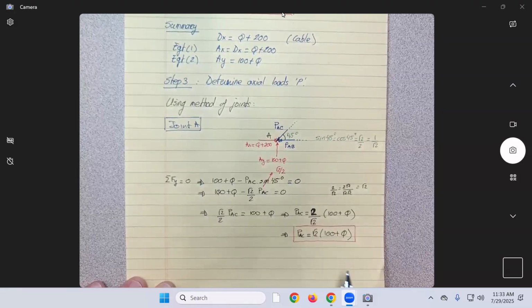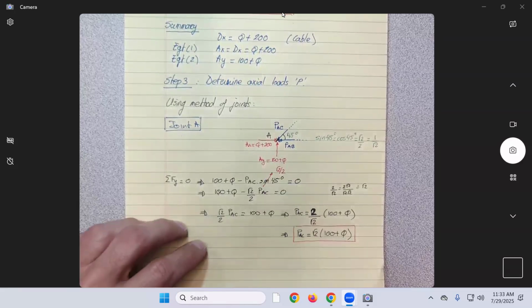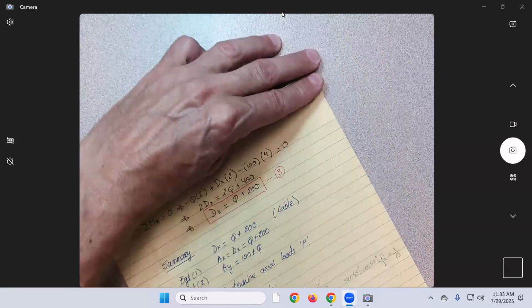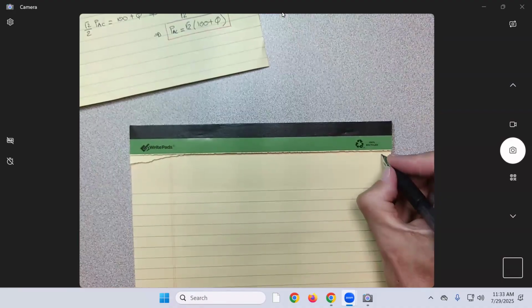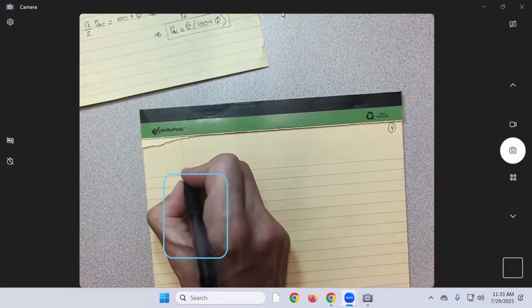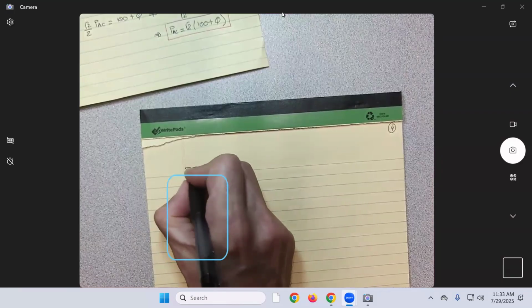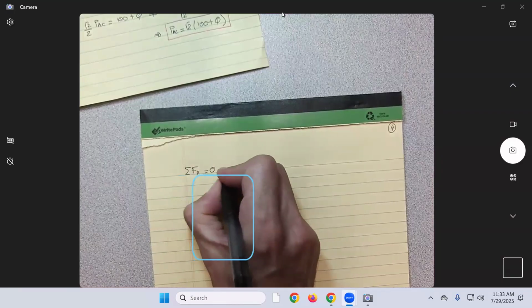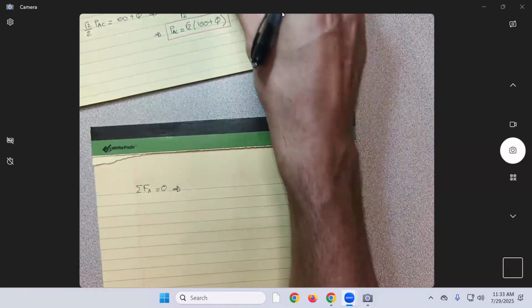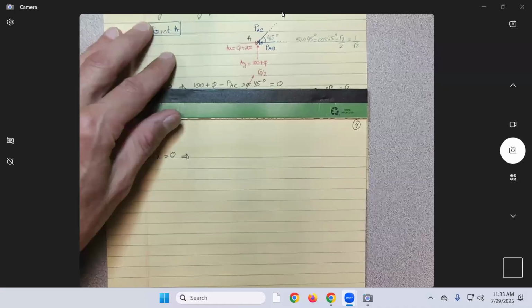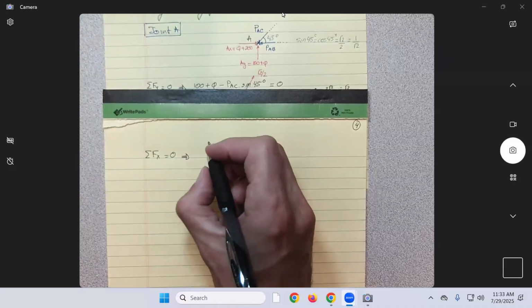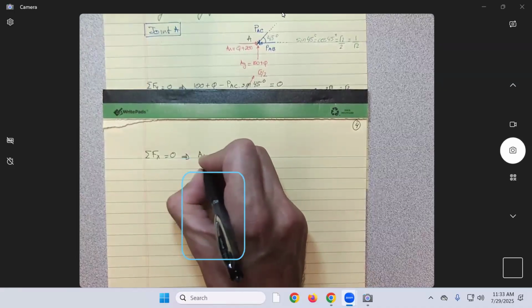Okay, so I'm going to go to the next page to do the summation of forces along the x. All right, so now for the summation of forces along x equal to 0, we look at the figure. What do we get along X?